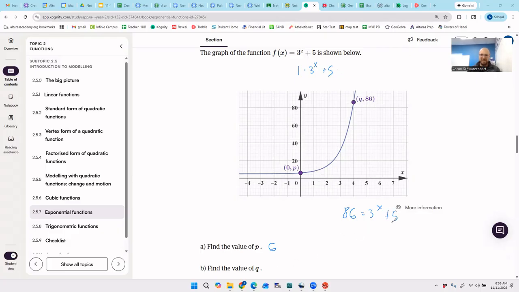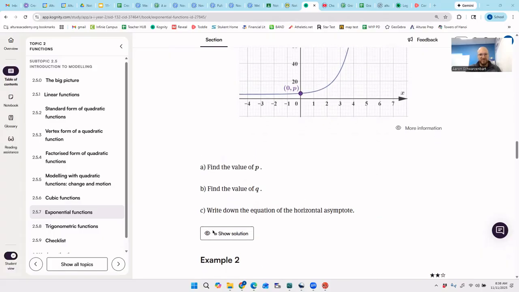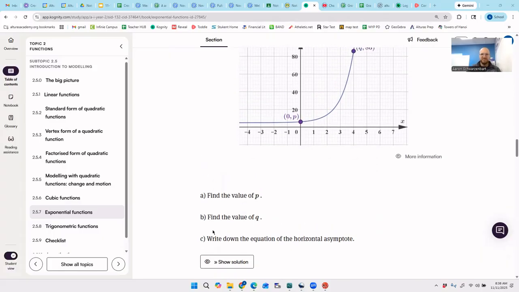So now to find q, 81 equals 3 to the x equals 4, q equals 4. And you could solve that by graphing, or you could log that if it was one that you didn't know, right? Write down the equation for the horizontal asymptote.